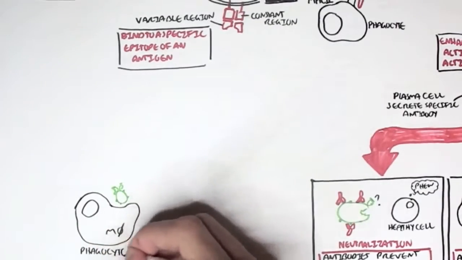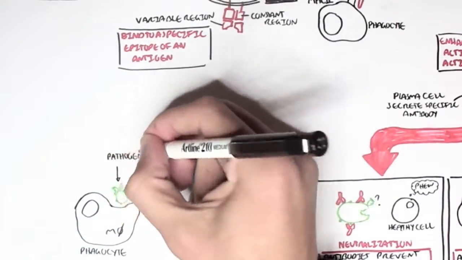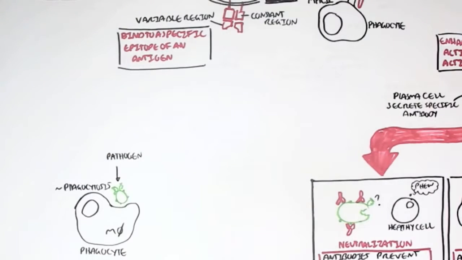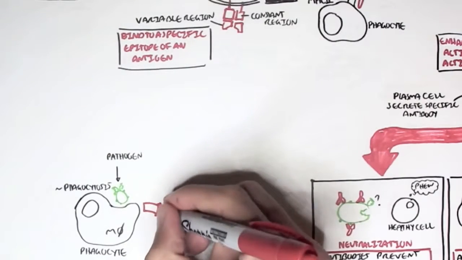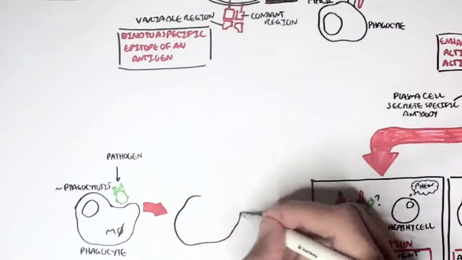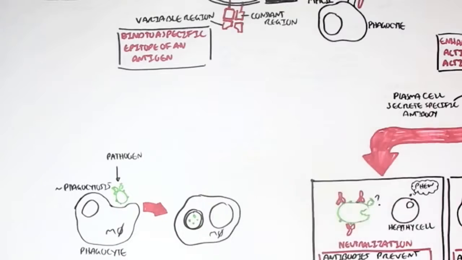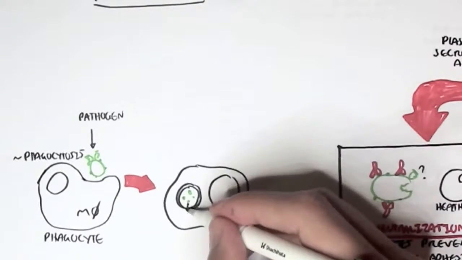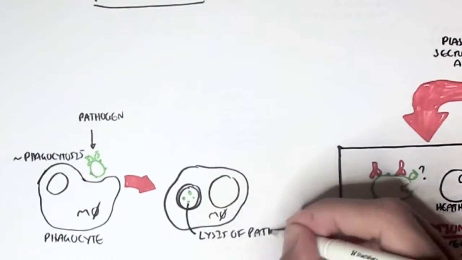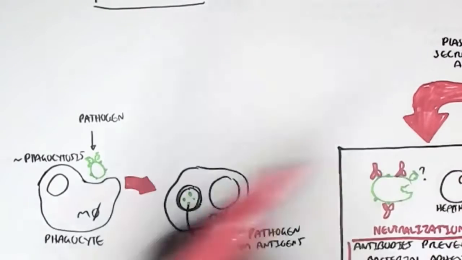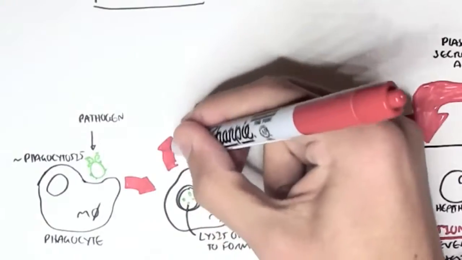So the pathogen doesn't actually infect this phagocyte, but the phagocyte will engulf it. And when it phagocytizes it, the pathogen will be inside a vesicle and be destroyed by lysosomes, through acidic content. And so the pathogen will lyse and form bits of antigens.